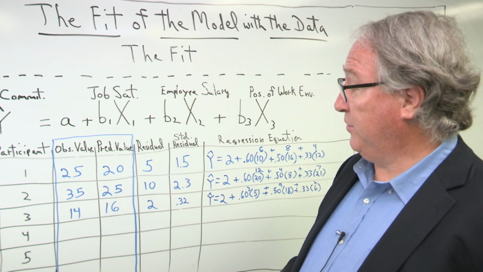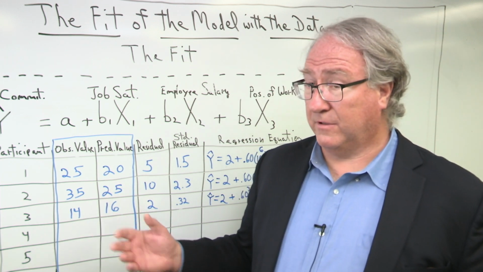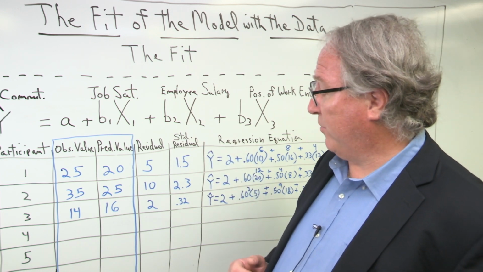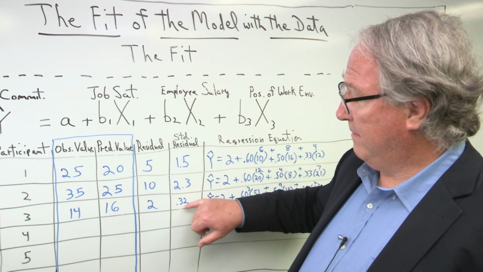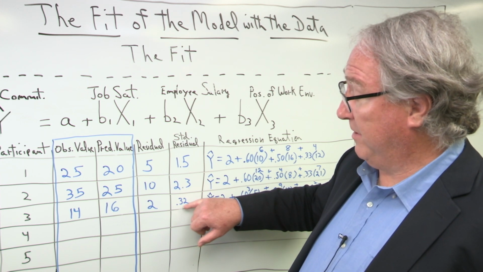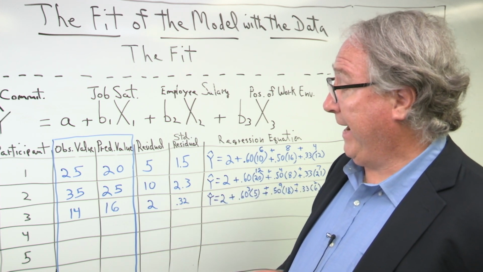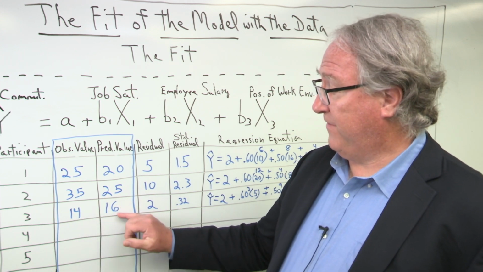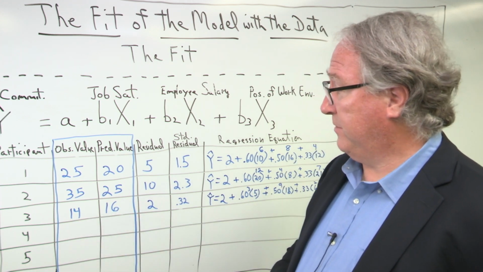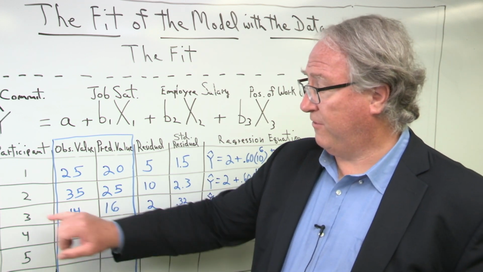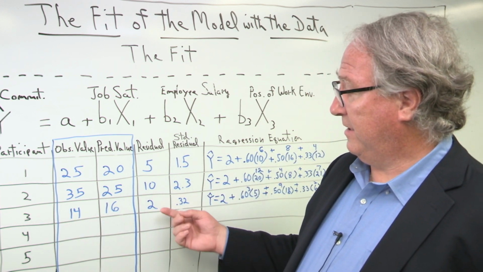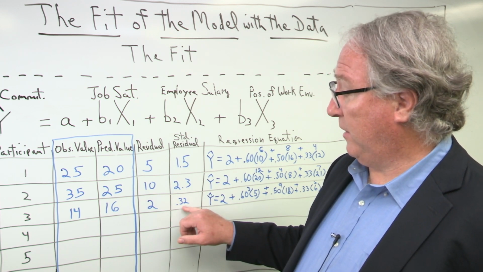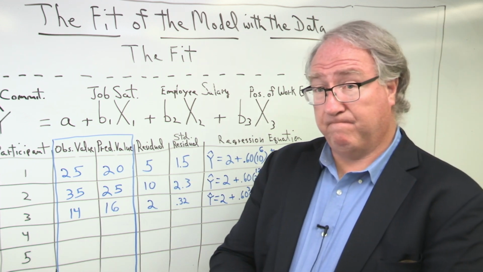Here with 0.32, that's considerably less than the absolute value of the standardized residual of 1.96. That's heading toward 0. I mean, that's a low number. And here we're getting real close. The predicted value out of the model and the actual observed value on the outcome variable measure for participant 3 in this case are 2 units away, represented by that low standardized residual.